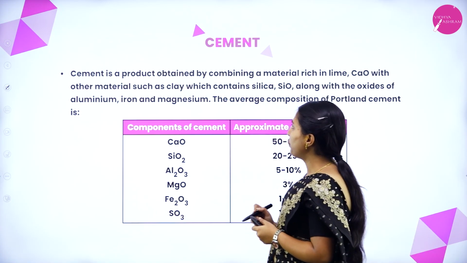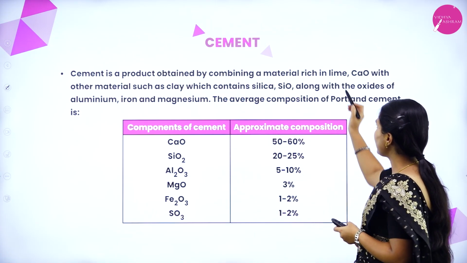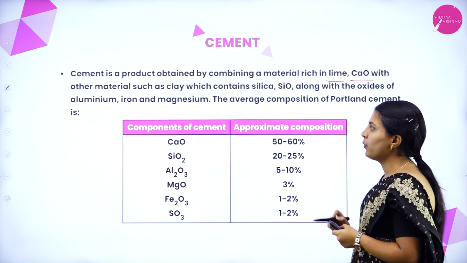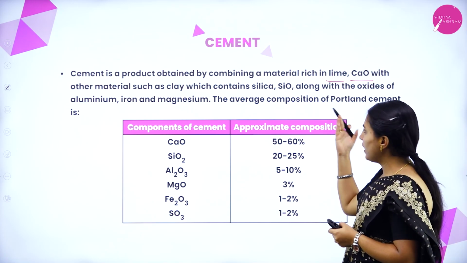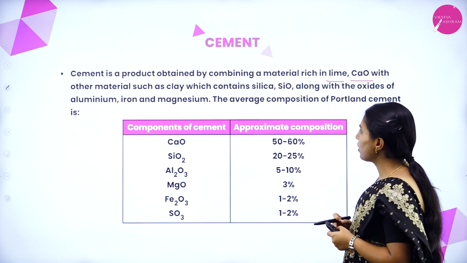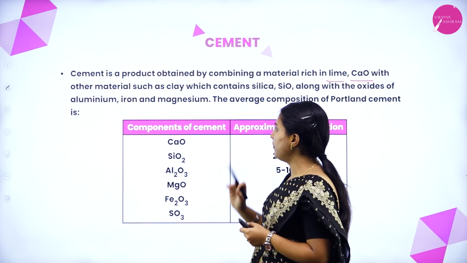Cement is a product obtained by combining a material rich in lime, calcium oxide, with other material such as clay, which contains silicon oxide along with the oxides of aluminium, iron and magnesium.